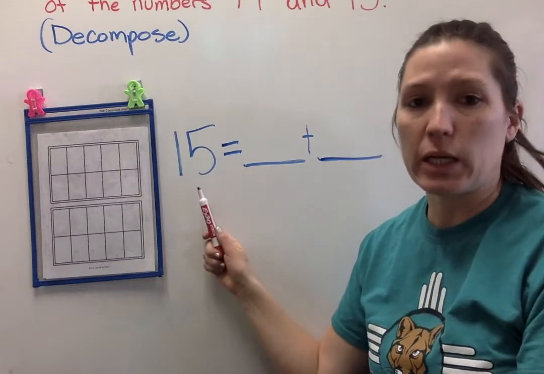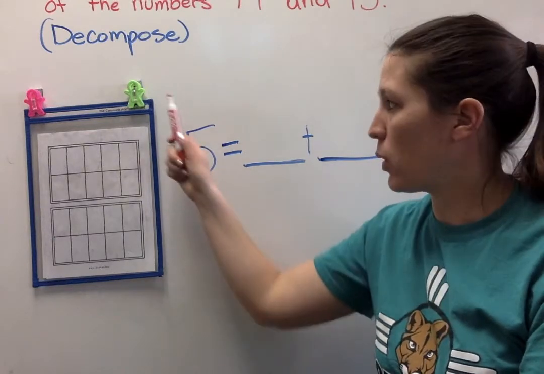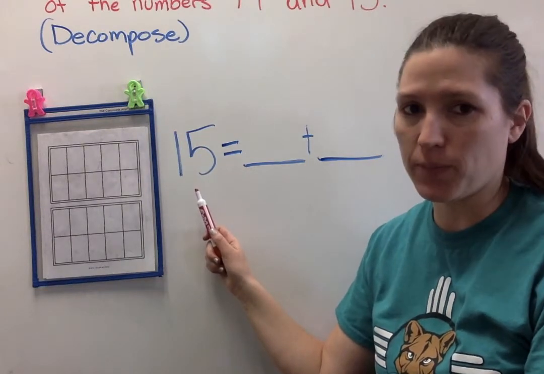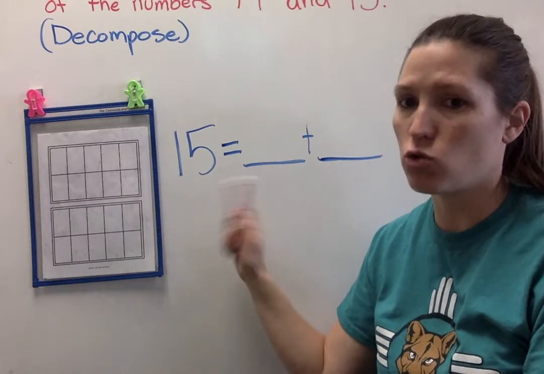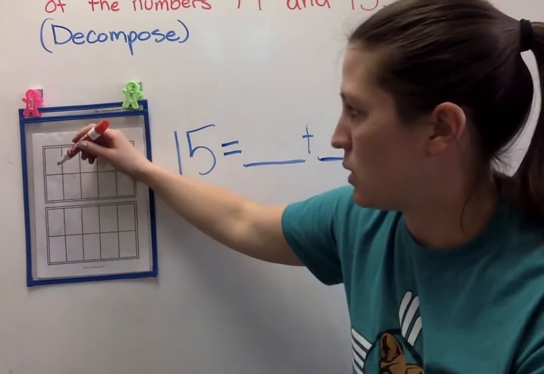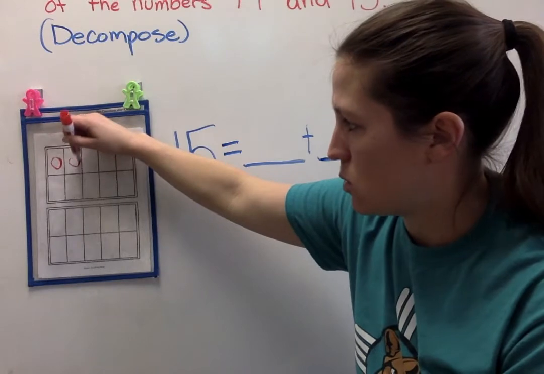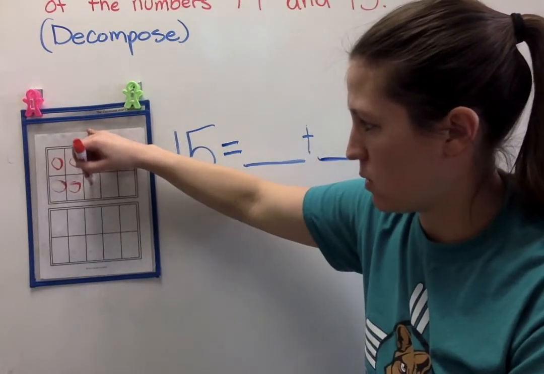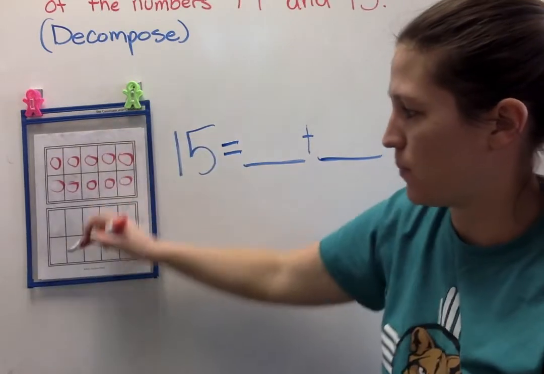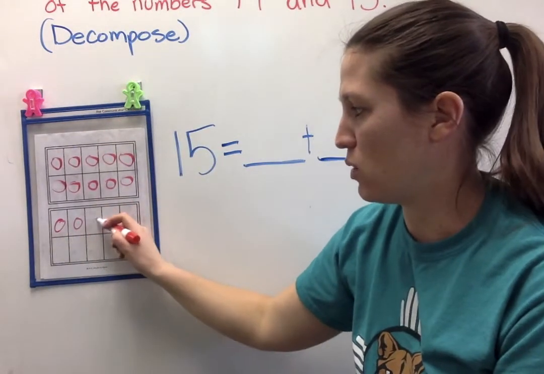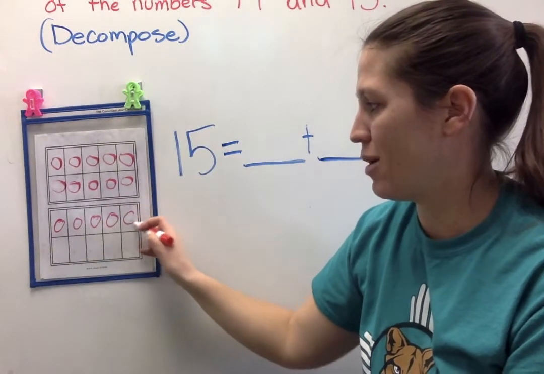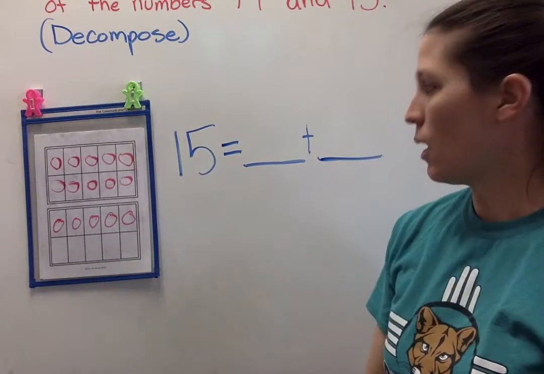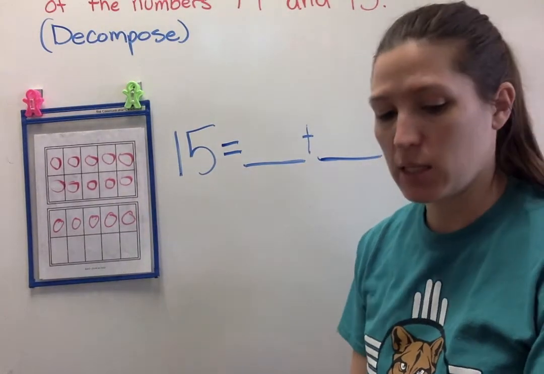What's the first thing I need to do if I want to decompose 15 and write an equation? And draw a picture. Draw a picture first. 15, let's make it 1, 2, 3, 4, 5, 6, 7, 8, 9, 10, 11, 12, 13, 14, 15. I need to take 15 and decompose it.